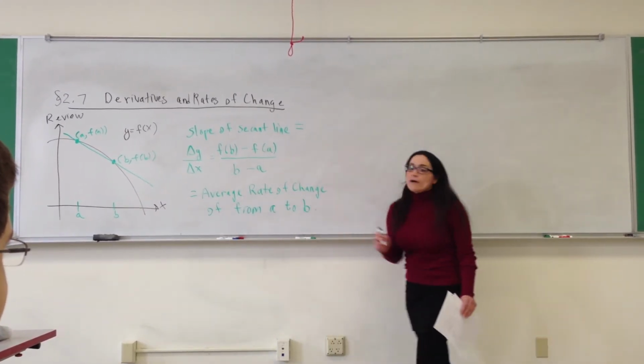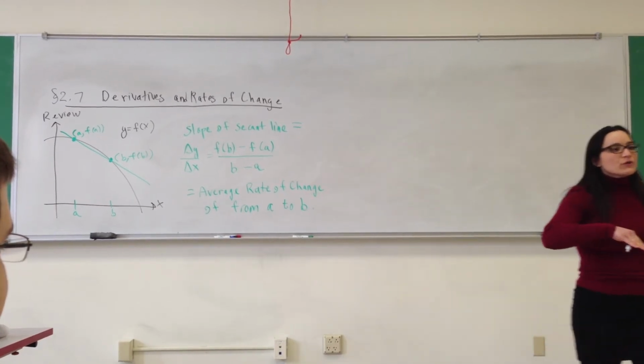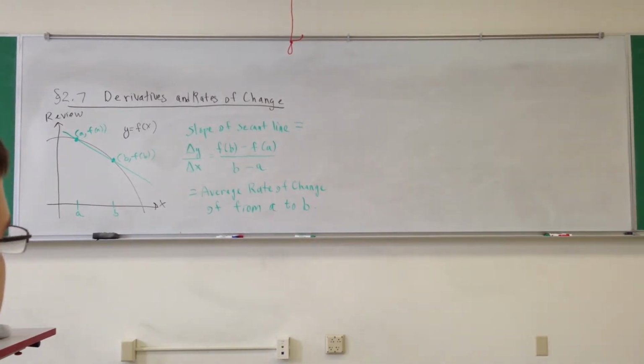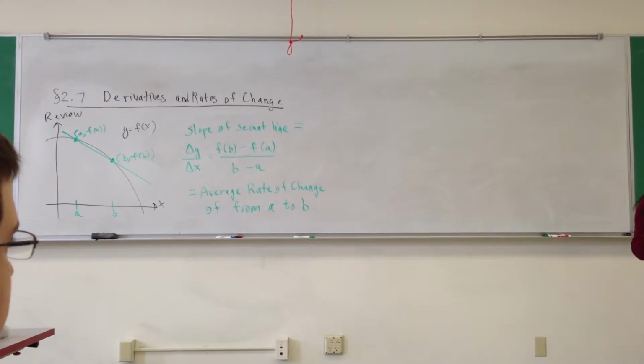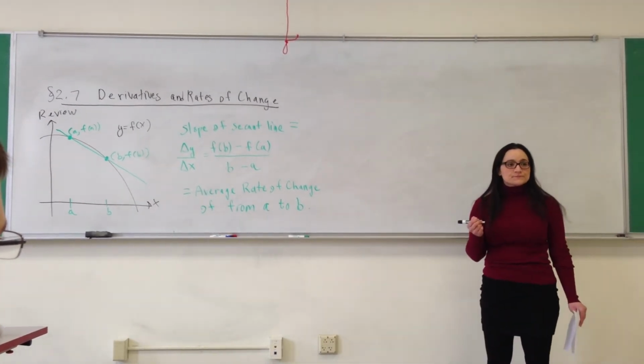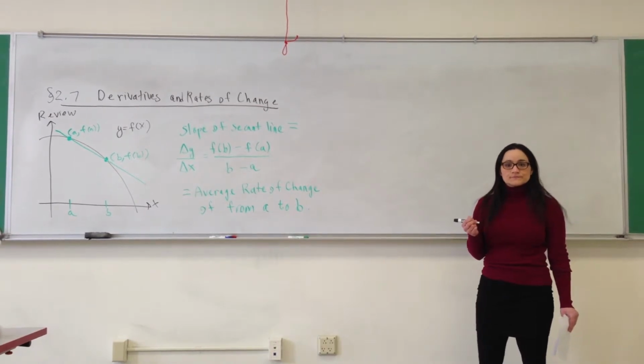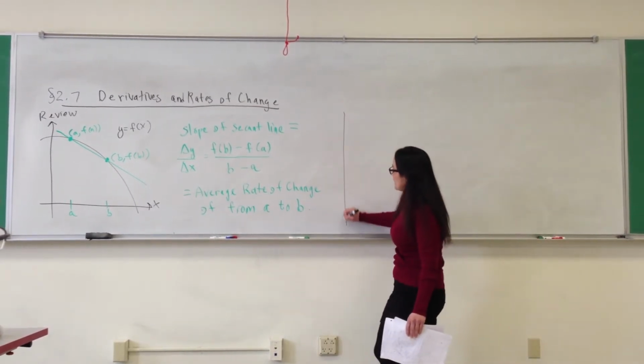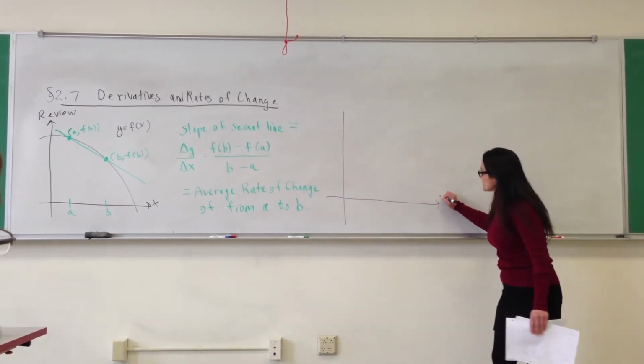Okay. So that's the average rate of change over an interval, and then we talked about the instantaneous rate of change at a single point. And graphically, what is the instantaneous rate of change? It's the slope of what? The tangent line.